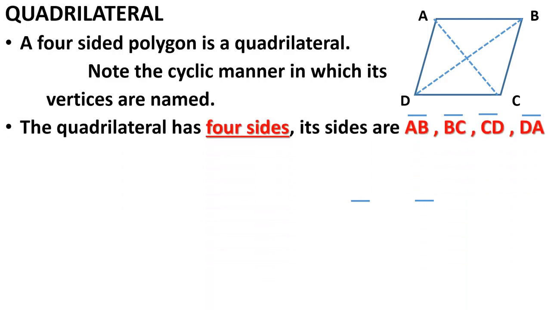A quadrilateral has four sides. Its sides are AB, BC, CD and DA.